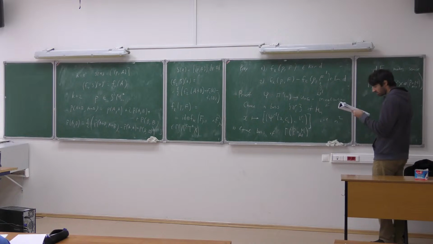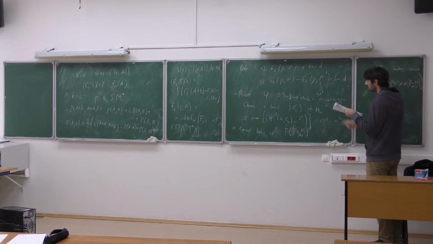And then I claim that what I need to see is that this is in the kernel, so D kills it.